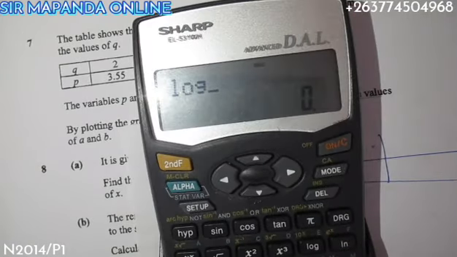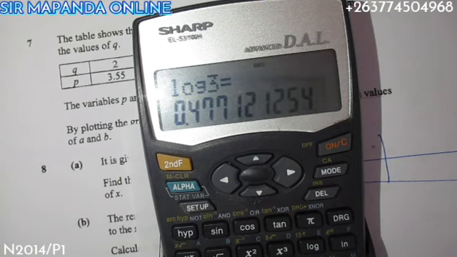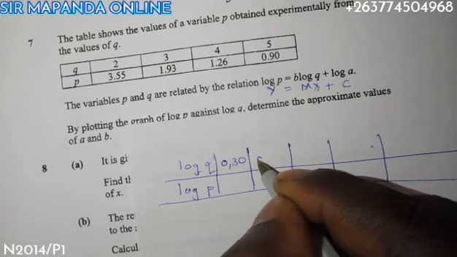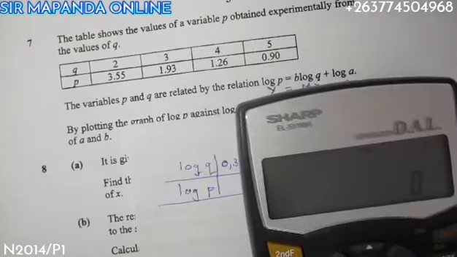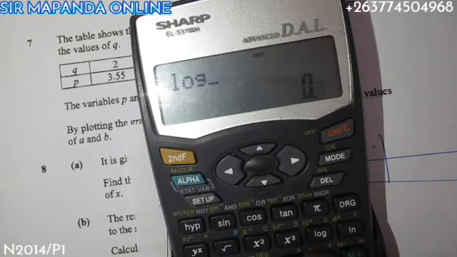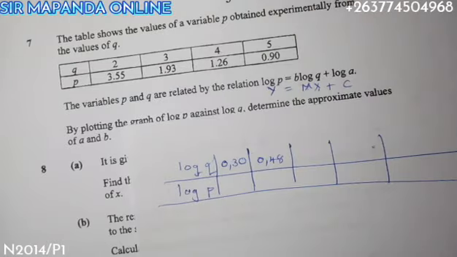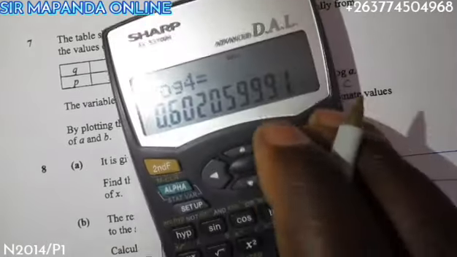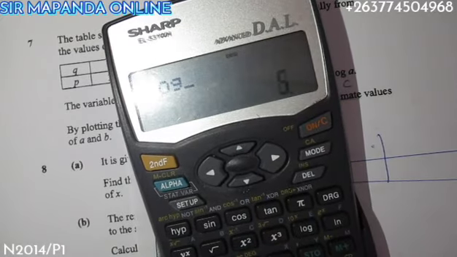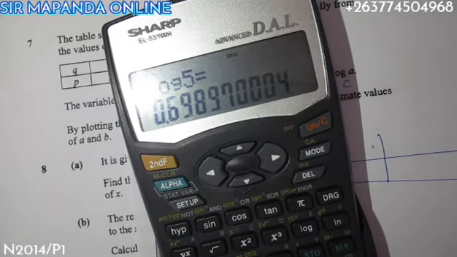Then log 3, it gives you 0.48. Then log 4, it gives you 0.60. Then log 5, if you round, it gives you 0.70.